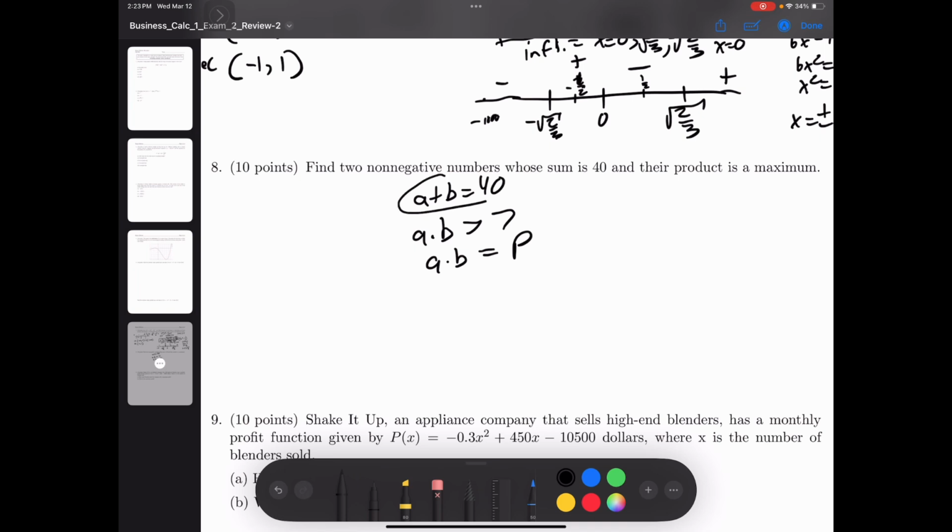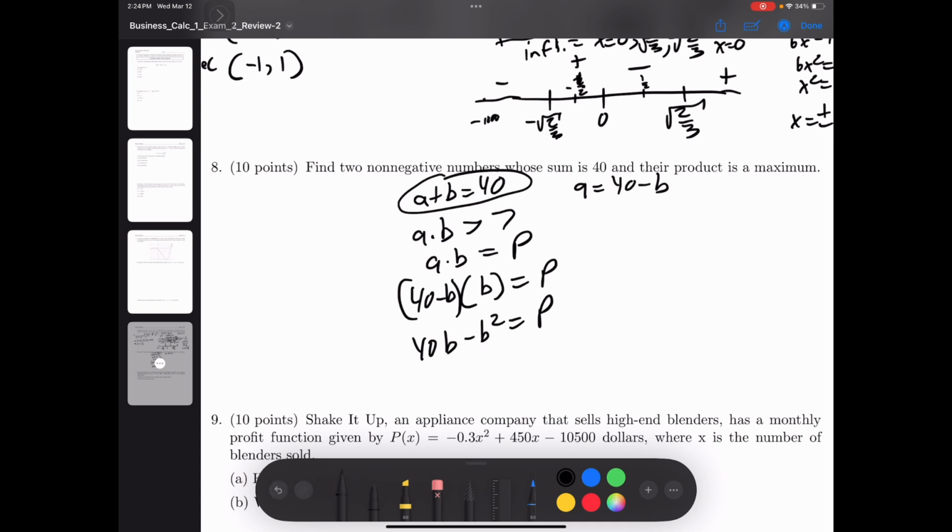Now up here, we have a plus b equals 40. If I solve for a, I can say a equals 40 minus b, and then I can plug that into our equation. I can say this is 40 minus b times b equals p. And then I can multiply this out and get 40b minus b squared equals p.